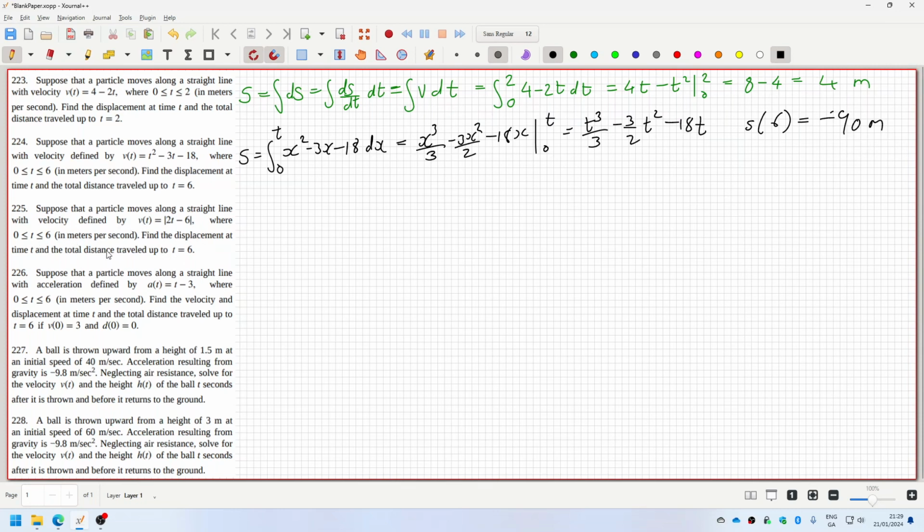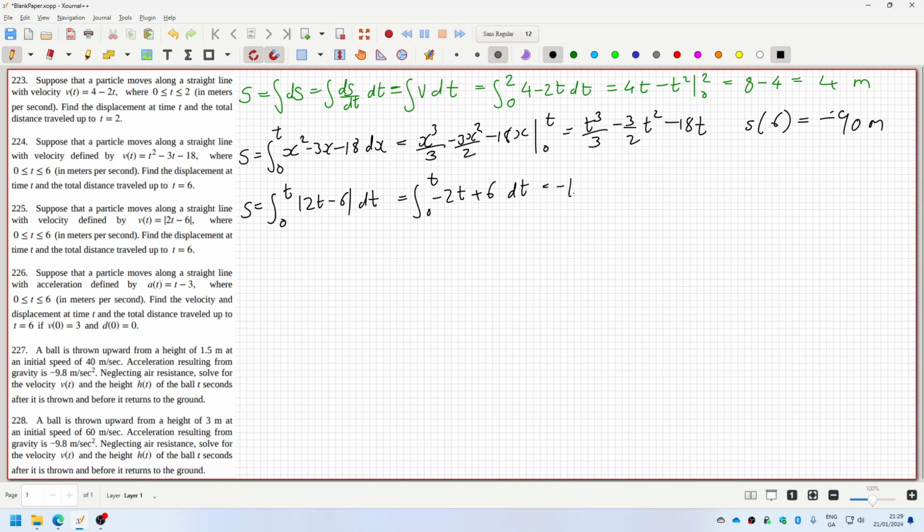Okay. Suppose that a particle moves along a straight line with velocity defined by that. Find the displacement. Okay, same again. Now, t is between 0 and 6. That's very interesting. So that would be integration from 0 to t, 2t minus 6 dt, which would equal 0 to t of minus 2t plus 6 dt to ensure that it's positive.